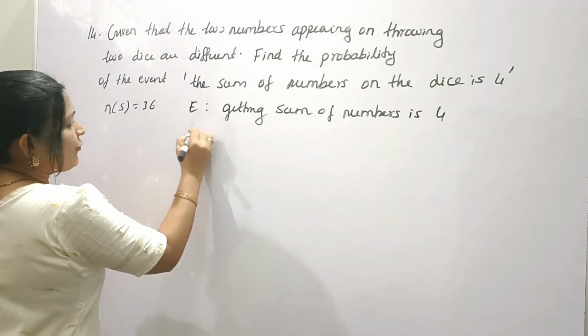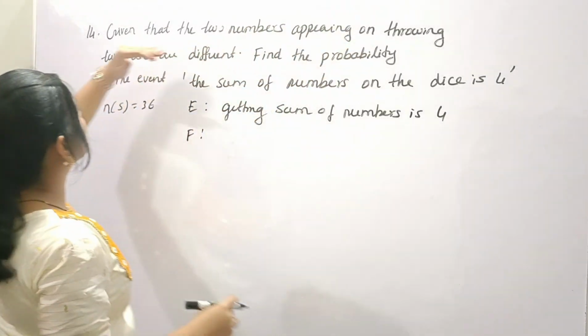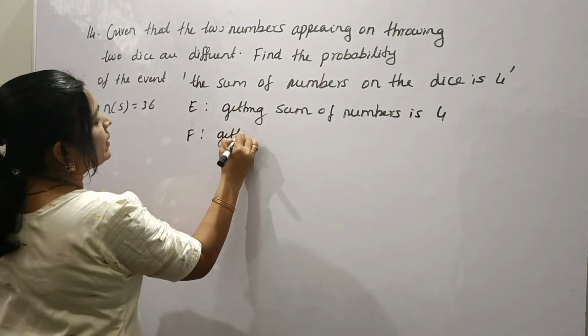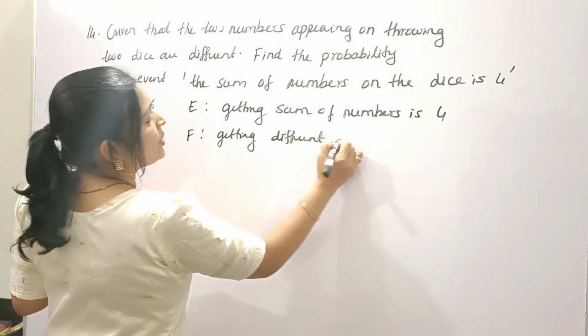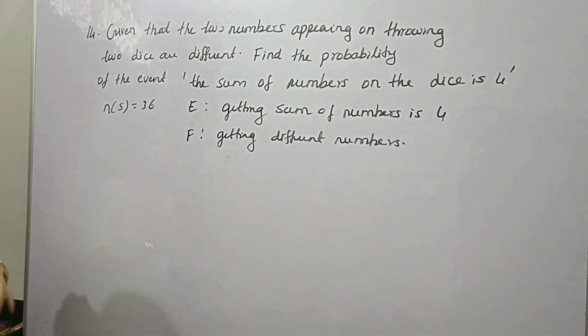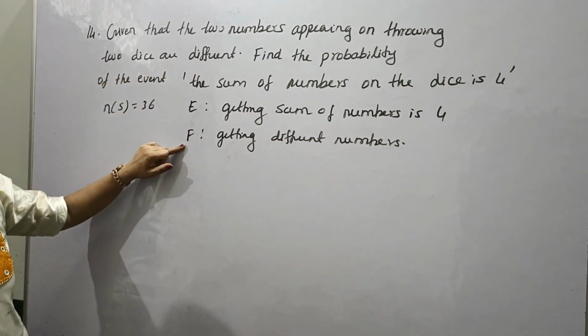Then F be the event that the numbers appearing on throwing 2 dice are different, that is, getting different numbers. Then we have to find the probability of E given F, right?